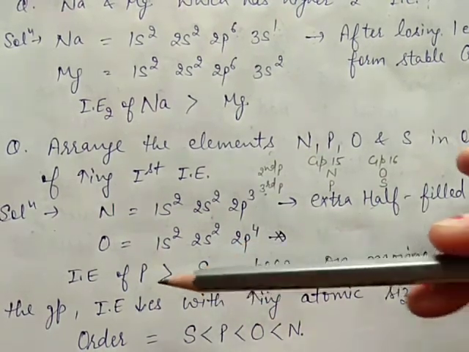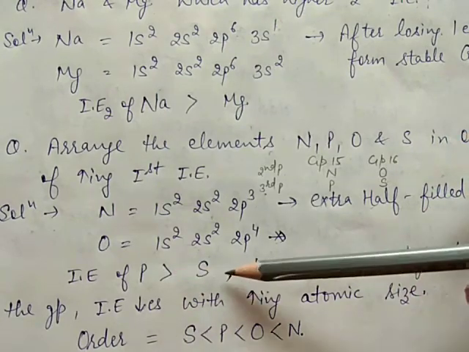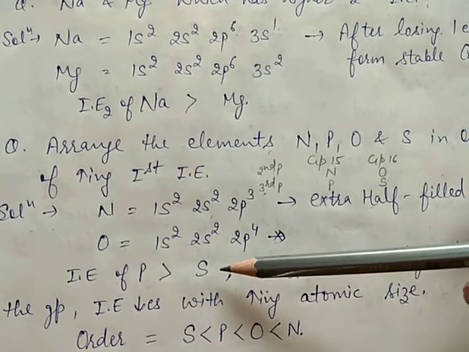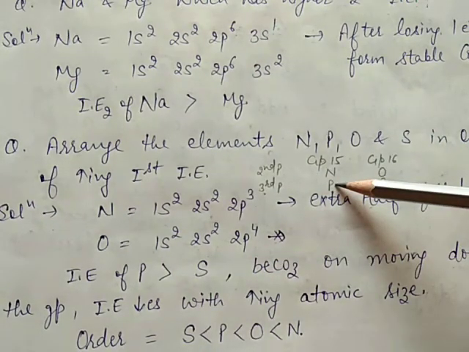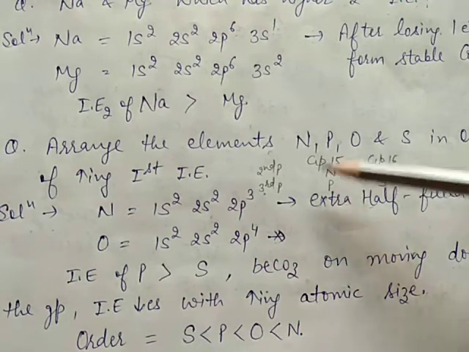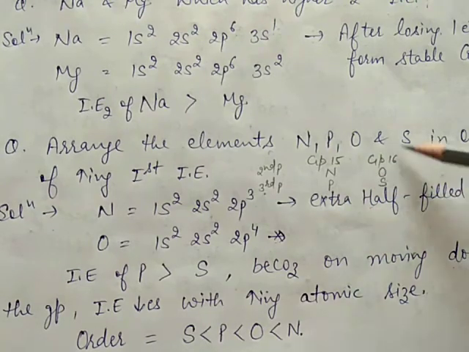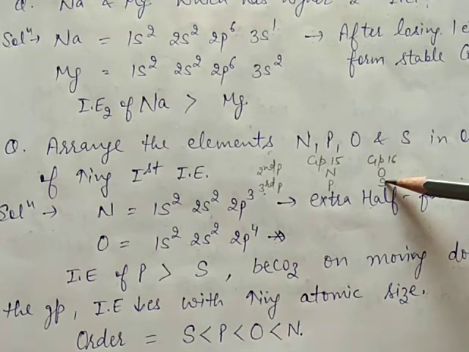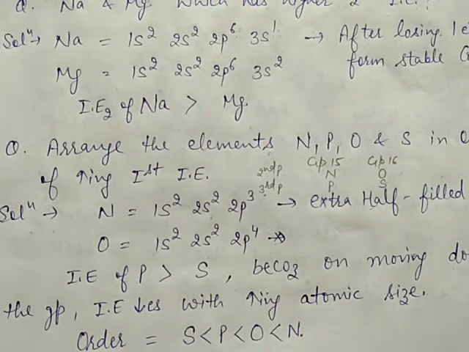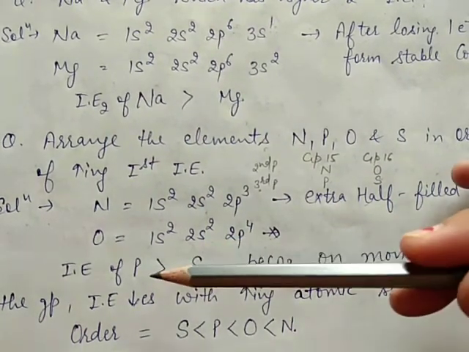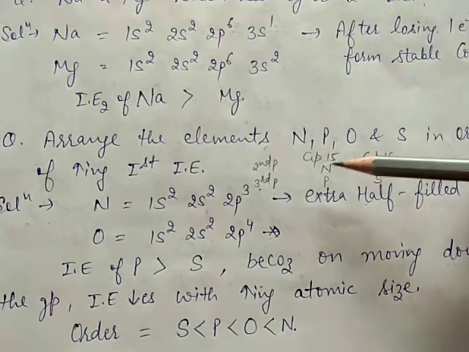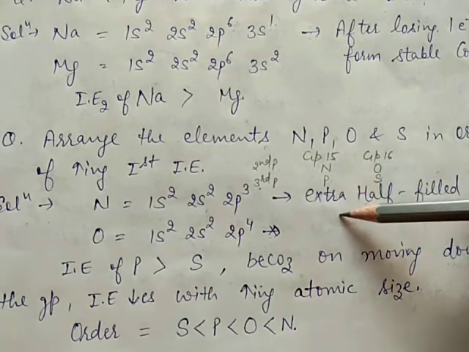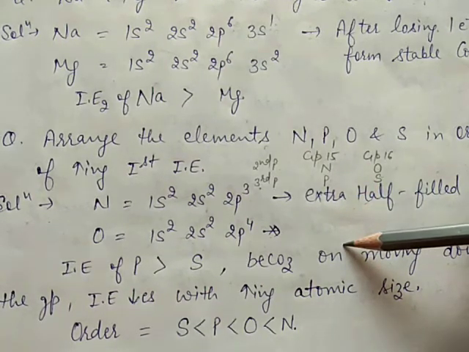So the ionization enthalpy of phosphorus is greater than sulfur, because its configuration is exactly half-filled, that is 1s2, 2s2, 2p6, 3s2, 3p3, as compared to the group 16 element sulfur. So we can see that on moving down the group, ionization enthalpy decreases with increasing atomic size. As the size increases, ionization enthalpy decreases.